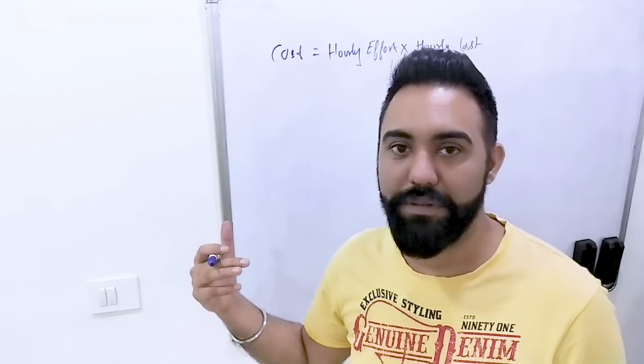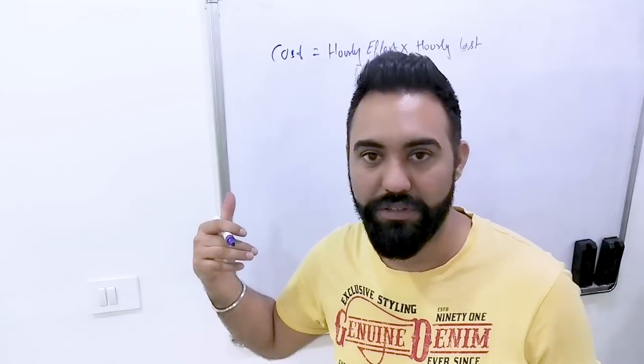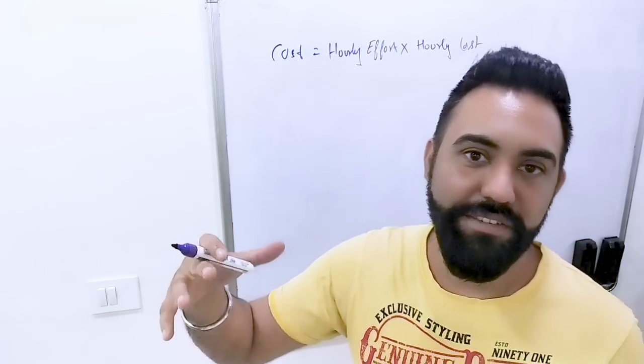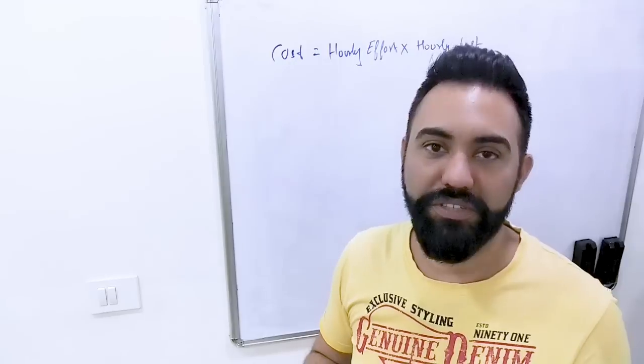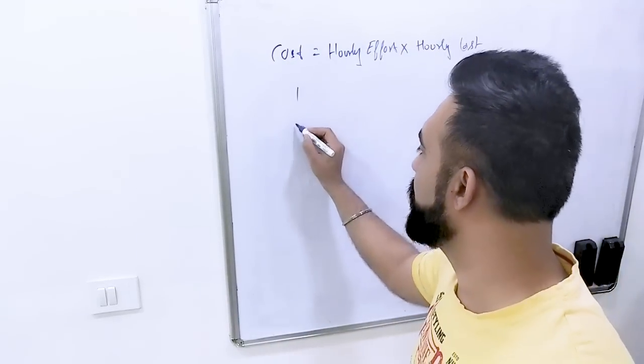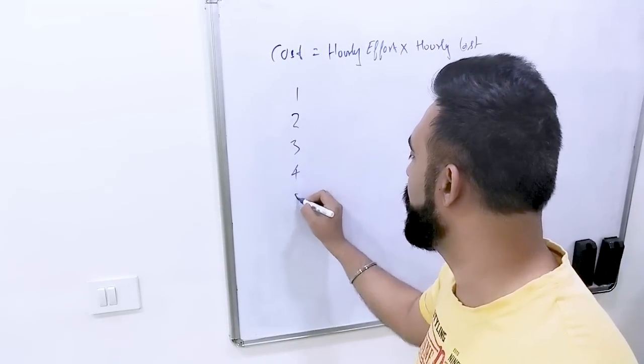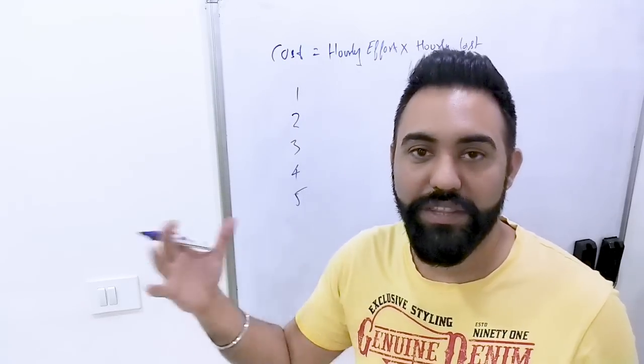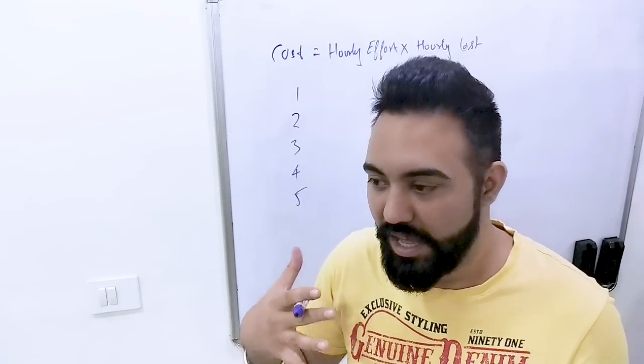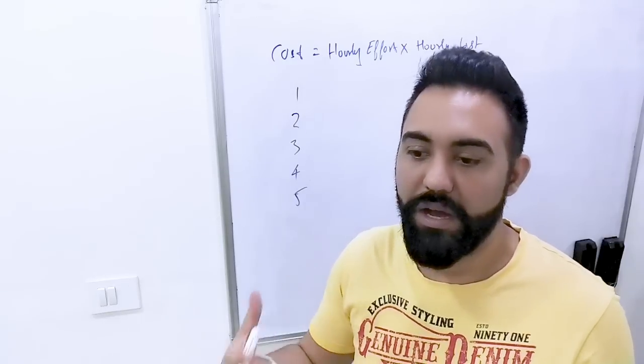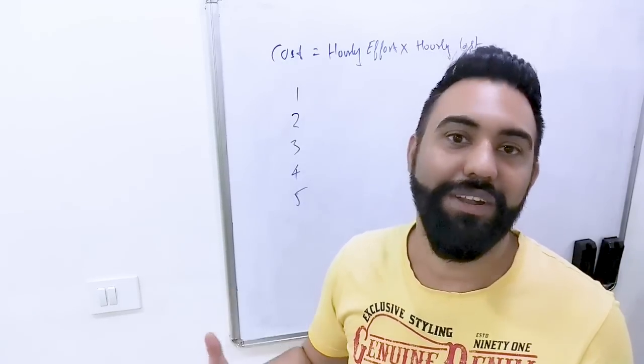Let's take an example to break this down even further. Let's think that you have an app which has 5 core features in it. All right, so let's say feature 1, 2, 3, 4, and 5. This is what the app dev companies would think of, how many hours they would be spending on each feature.